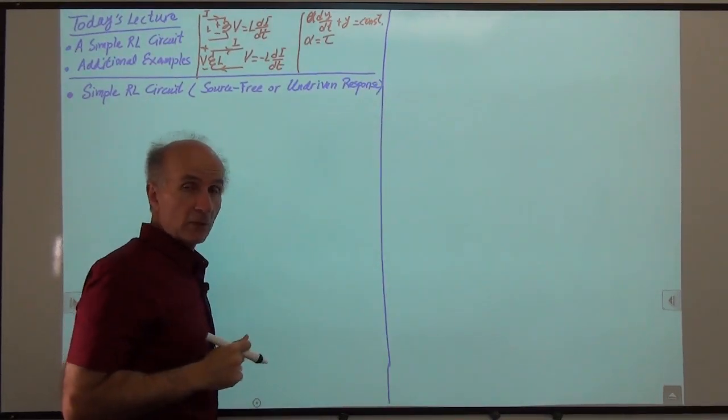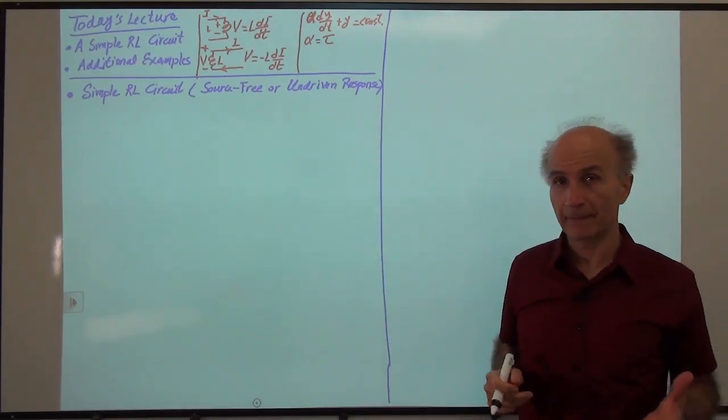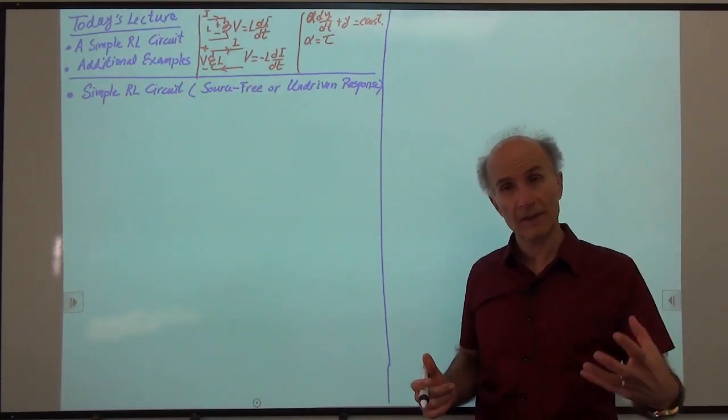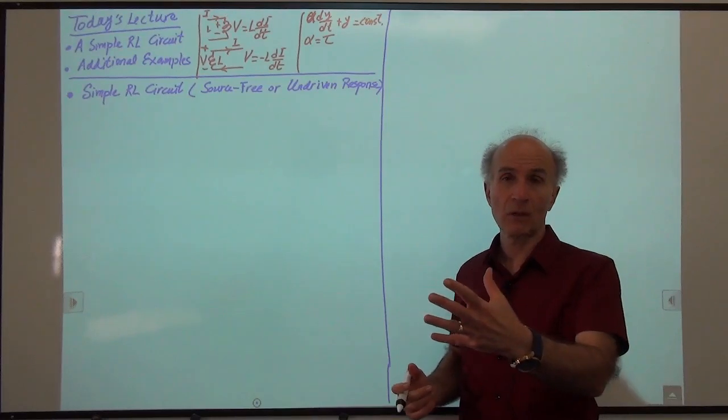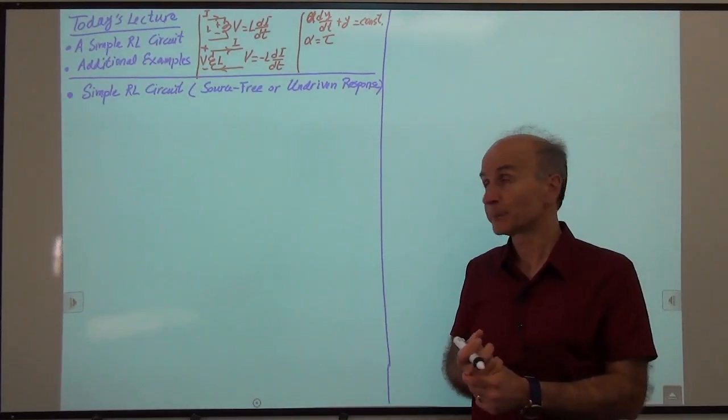Remember, we did this for capacitors also, for RC circuits. The idea is simply that we do not have any explicit inputs. All we have is an initial condition in the system, and we let the system go and see how it reacts to this initial condition.